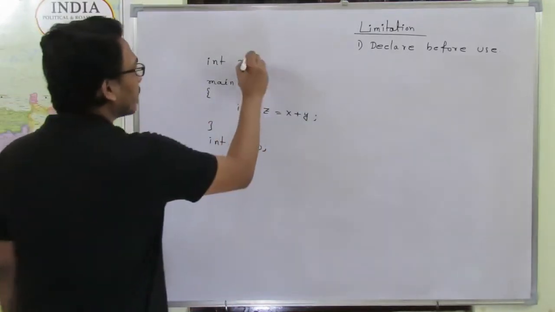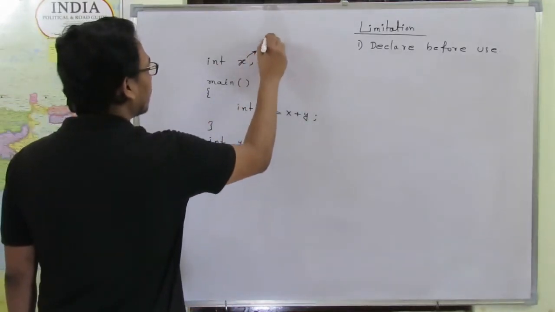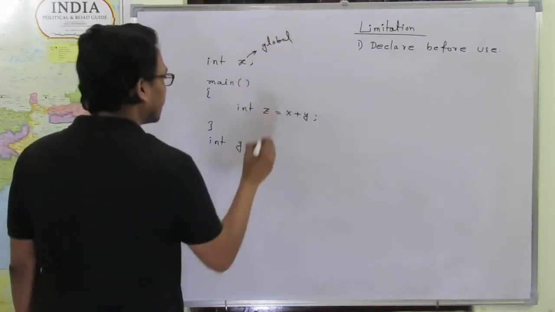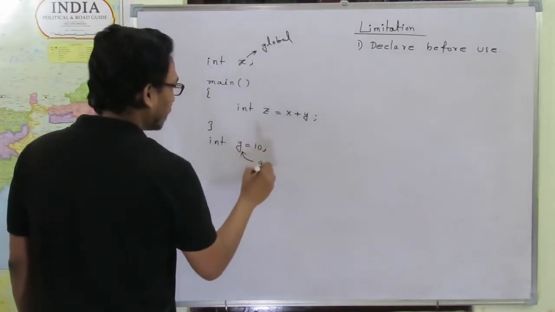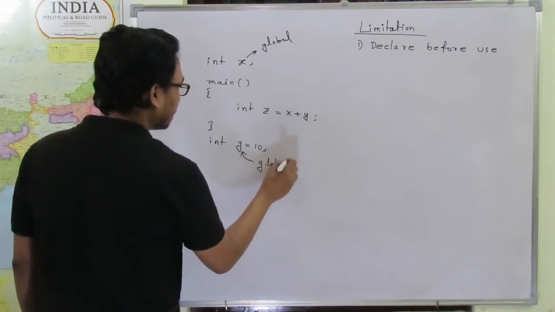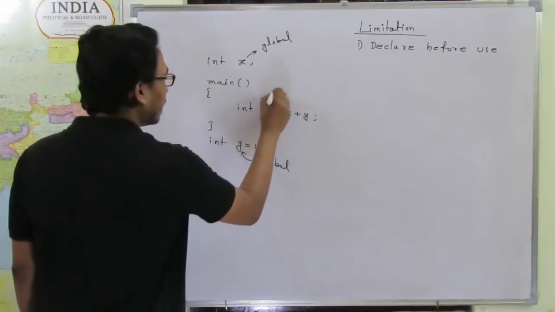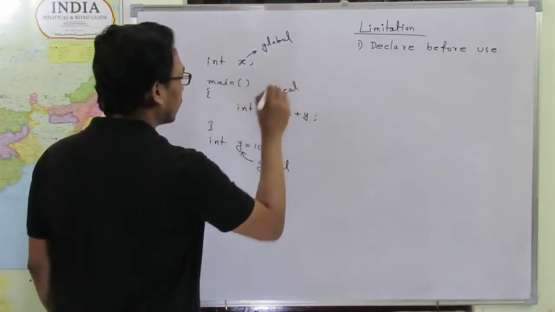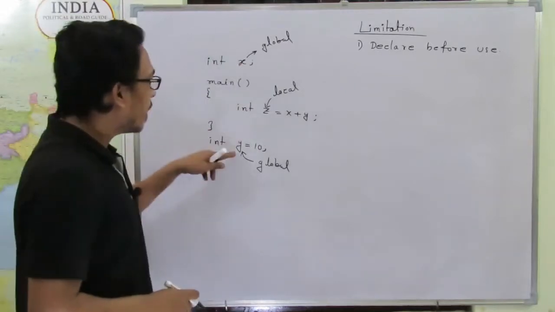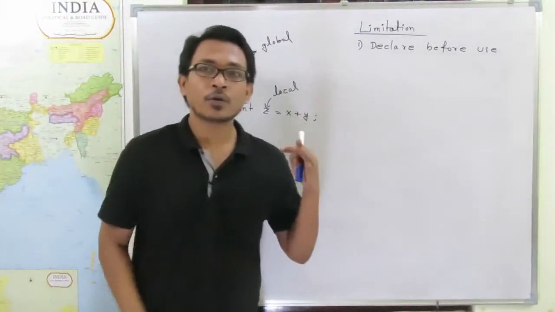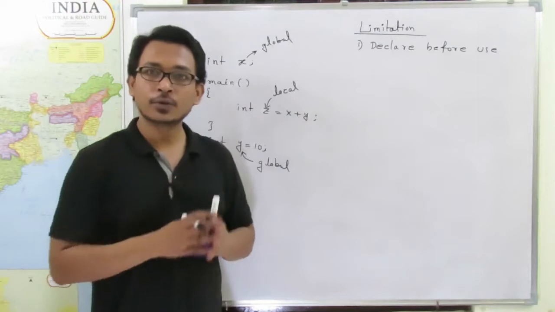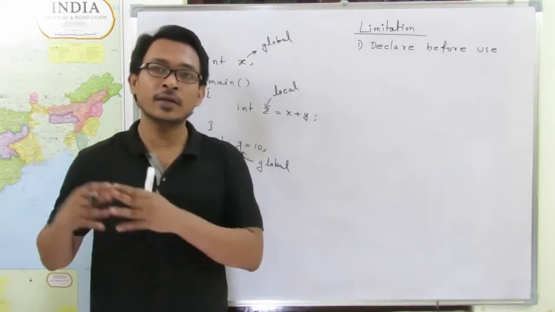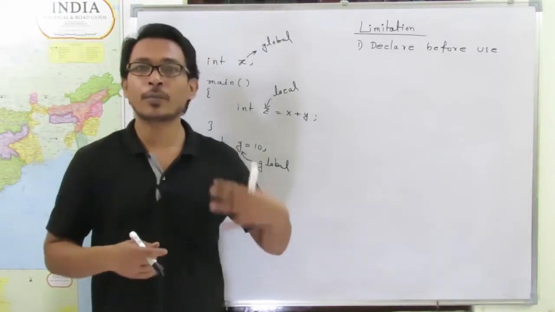Now look, this is a global variable, this is again a global variable, and this is a local variable. As x and y both are global variables, that means we can use those variables in any part of our program.